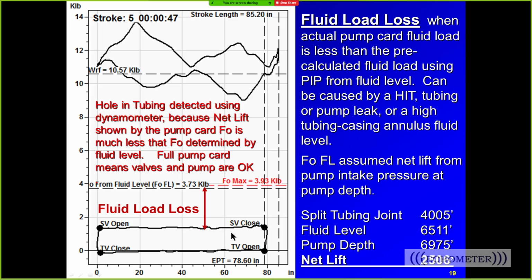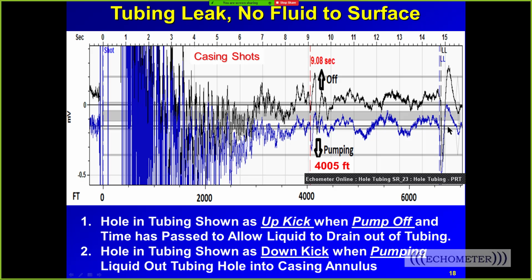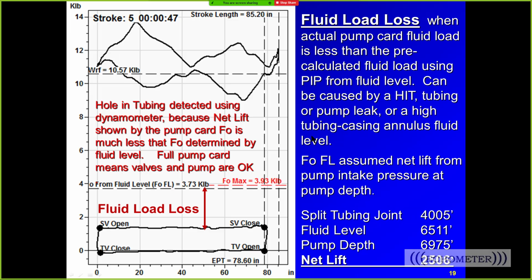So here's a pump filled with liquid. And the pump card, based on the fluid level shot, says the pump should be lifting liquid from here to the surface, but the pump is just lifting liquid up to the hole.